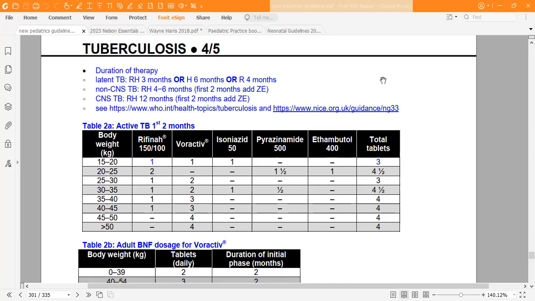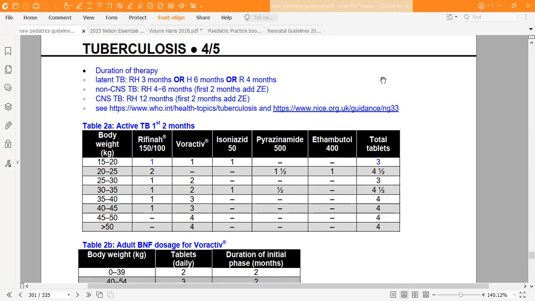This is a combination of 2 medications, initially for 3 months, or he can take isoniazid only for 6 months, or rifampicin only for 4 months.